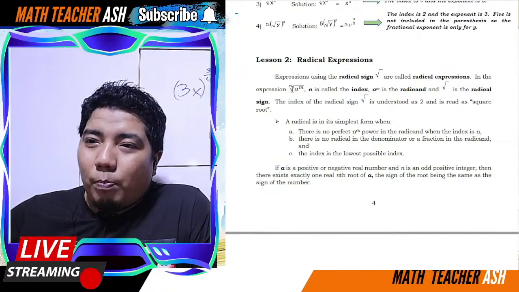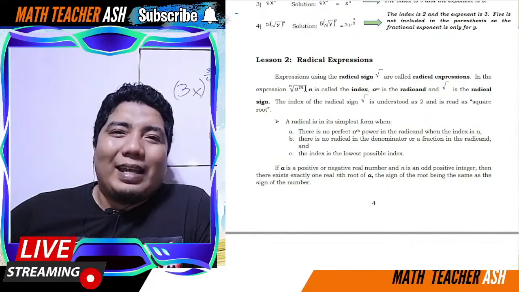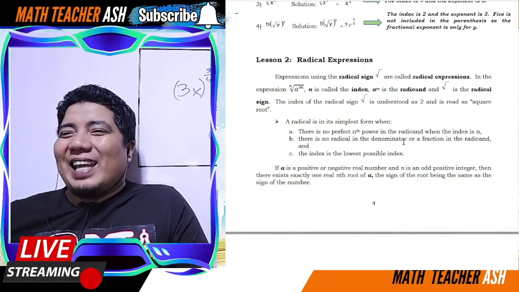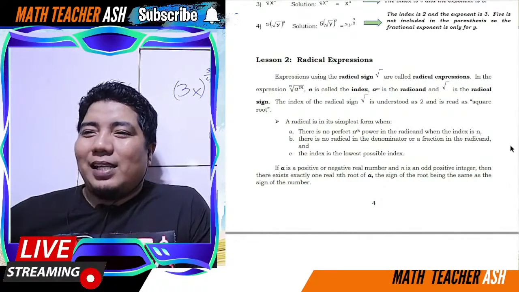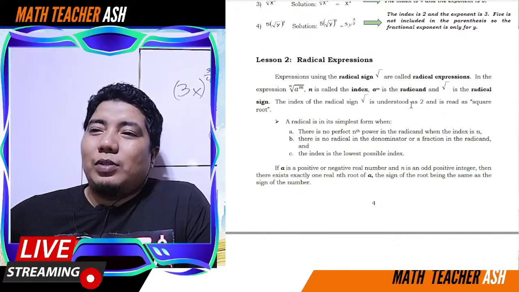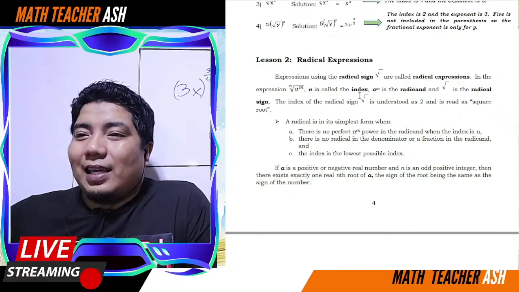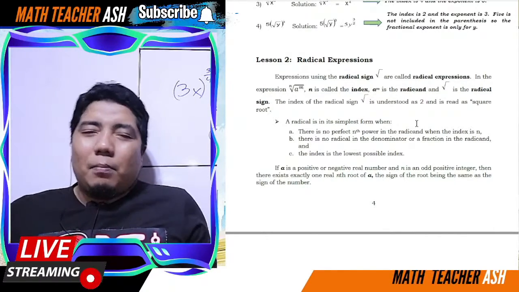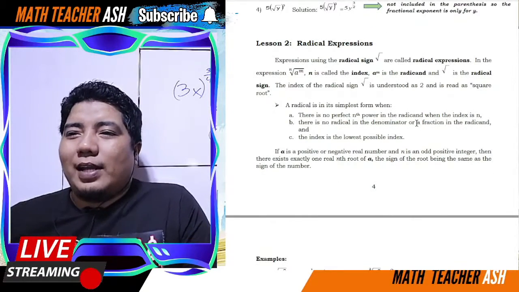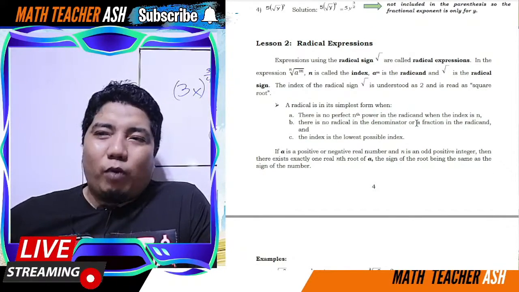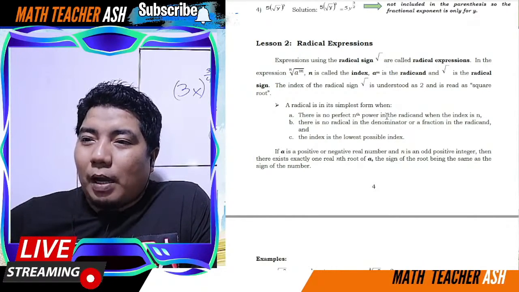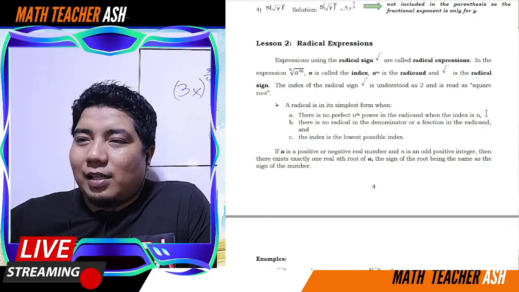Yung nasa loob, ang tawag dyan, radicand. Alright, with a D. Radicand. And yung symbol naman is the radical sign. So the index of the radical sign is understood as 2 kung wala kang nakikitang number dyan. Okay? Because that is read as the square root. Okay, a radical is in its simplest form kapag no perfect nth root or nth power in the radicand when the index is n.